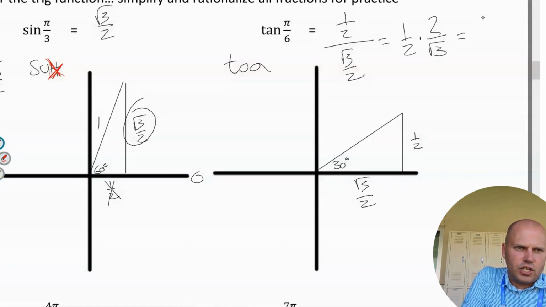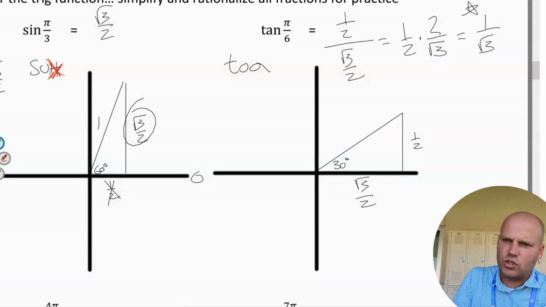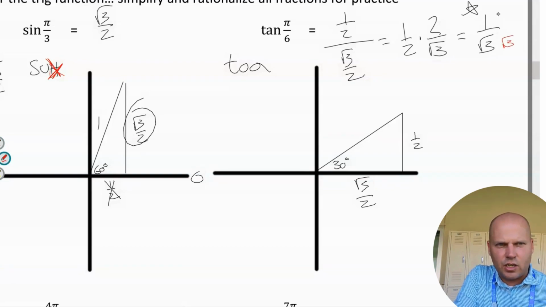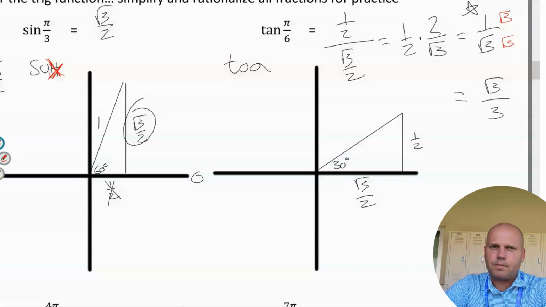We are allowed to keep our answers like this on free response in this class. However, we need to be prepared to rationalize, which is just like formalizing our answer. It goes back to the day when we had to do computations by hand. It is a lot easier to divide by 3 than it is to divide by root 3. Okay? Opposite over adjacent, TOA.